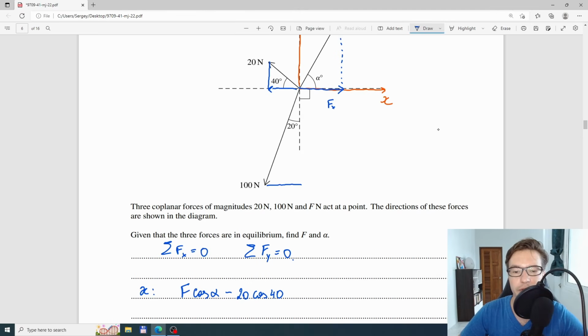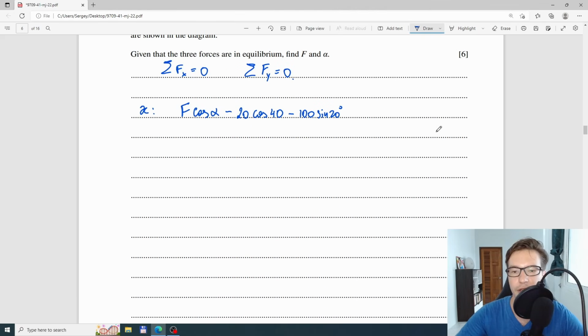And the component of the force parallel to x-axis, this time is opposite of the angle of 20 degrees, so I'll have to multiply it by sine 20. And also it's acting to the left, that means minus 100 sine 20 degrees. And that should be equal to 0.